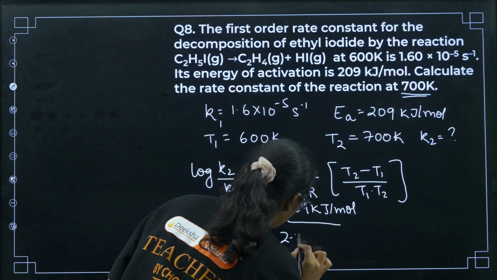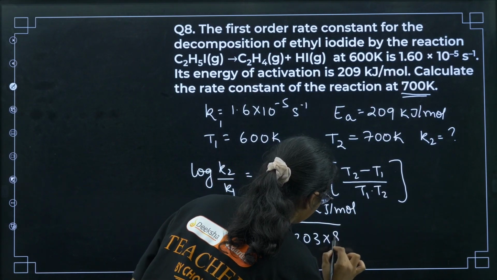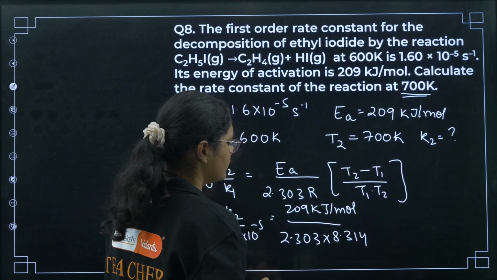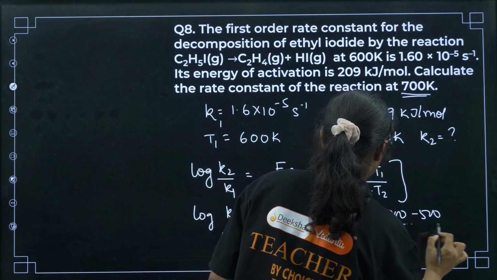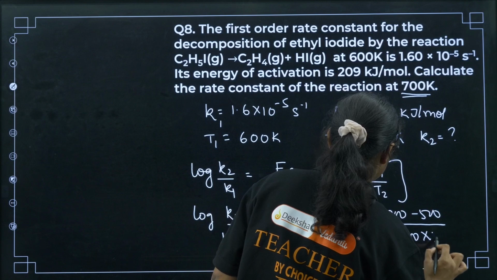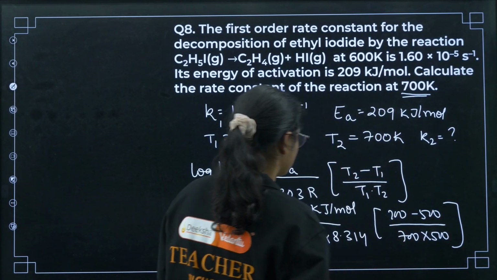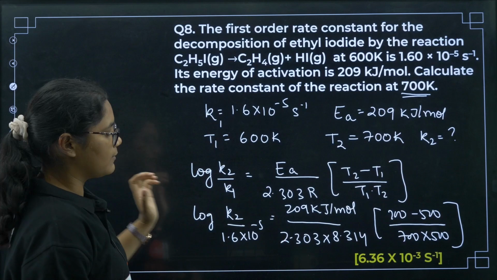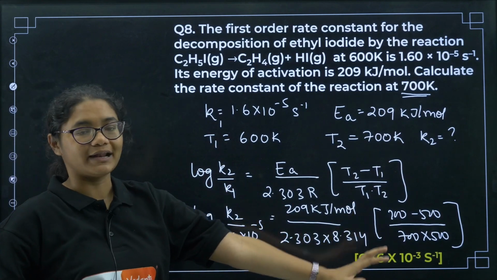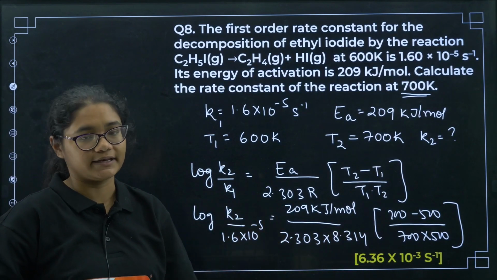Then 2.303 into 8.314, next T is 700 minus 500 by 700 into 500. Now if I solve this and calculate the K2 value, it will be coming around 6.36 into 10 to the power of minus 3 second inverse.